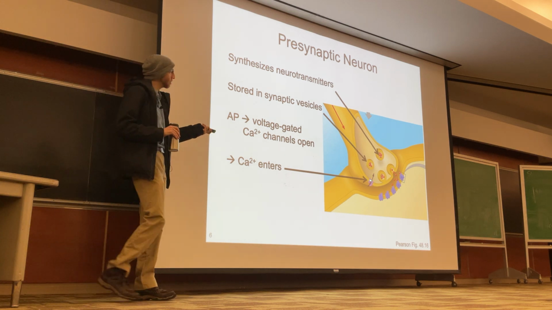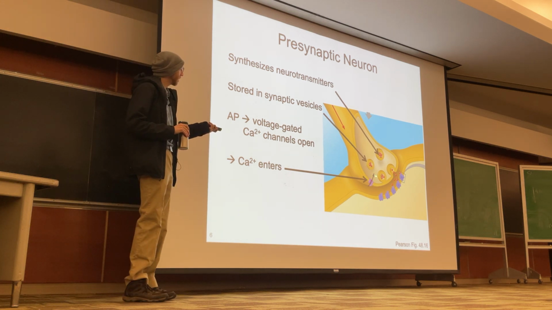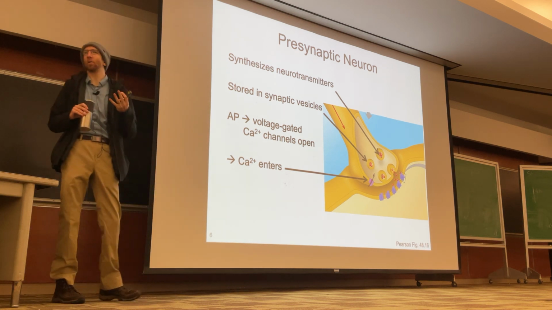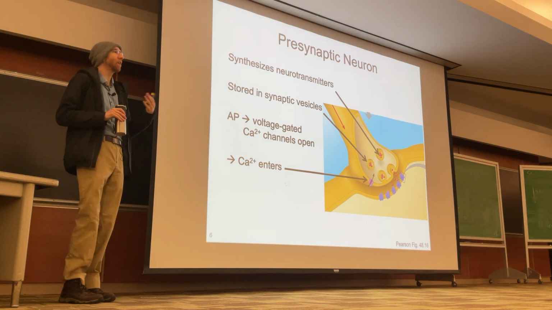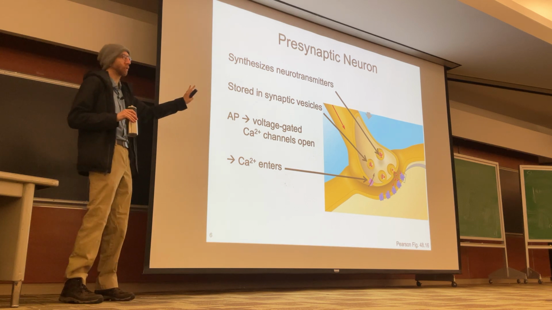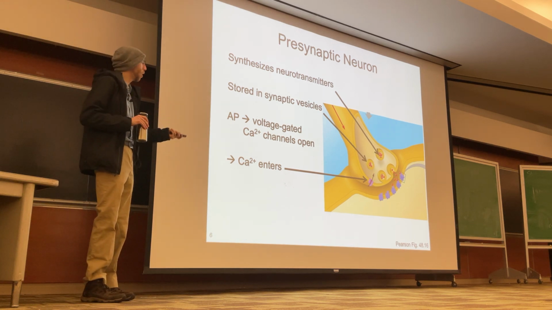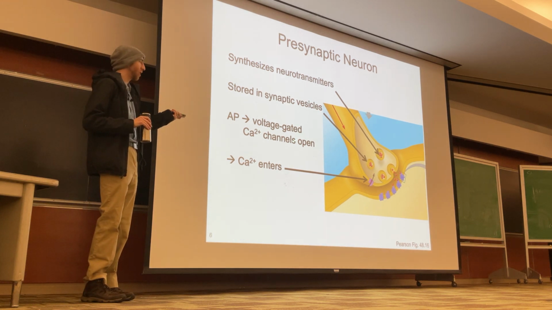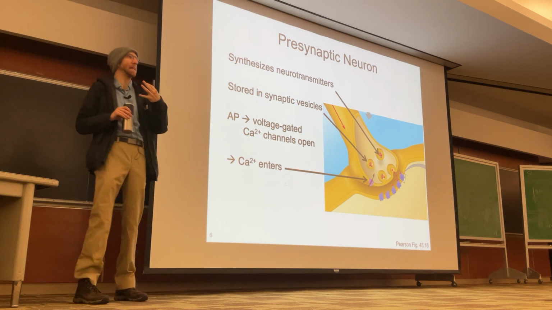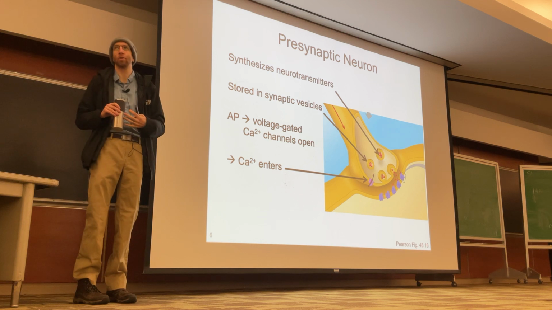So those calcium channels open, and that causes calcium ions to flow inwards. We didn't talk about this last time when we talked about membrane potential, but your cells also establish a calcium gradient, where there's more calcium outside your cells compared to inside. So if you open up these voltage-gated calcium channels during an action potential, that's going to allow calcium to flood into that synaptic terminal.